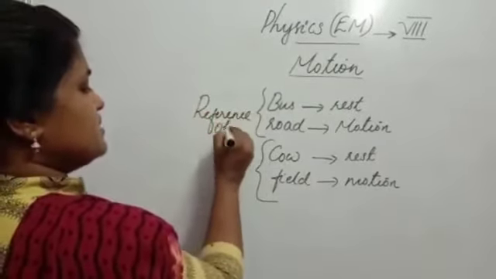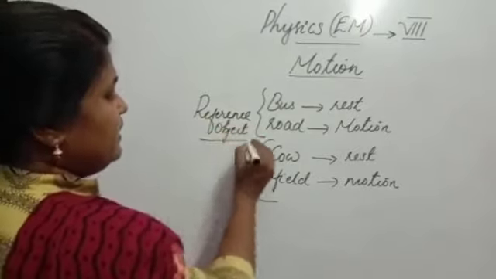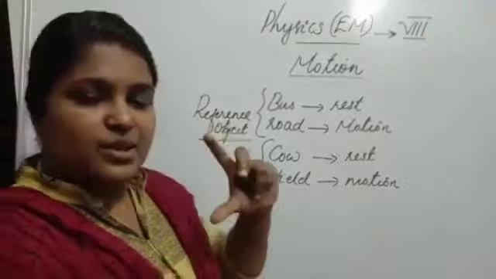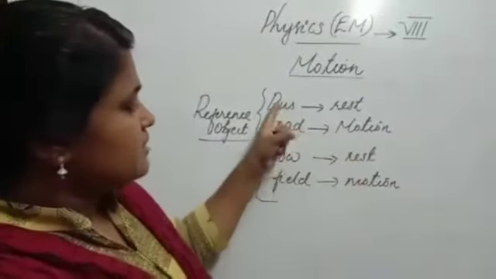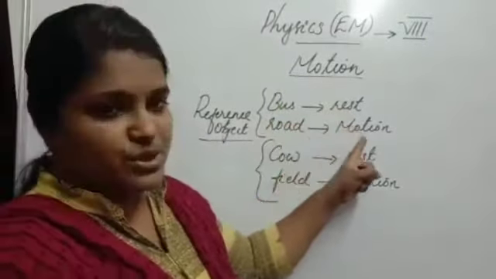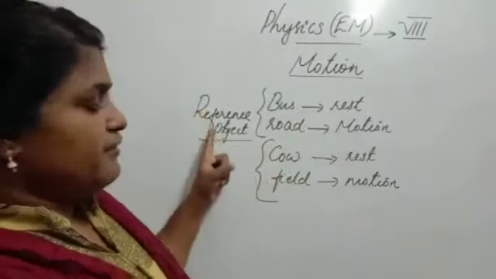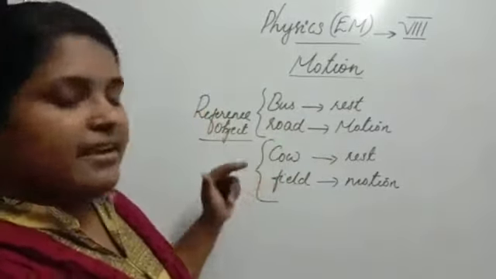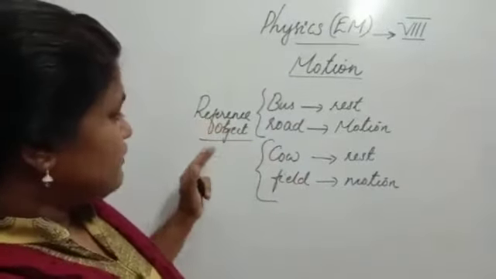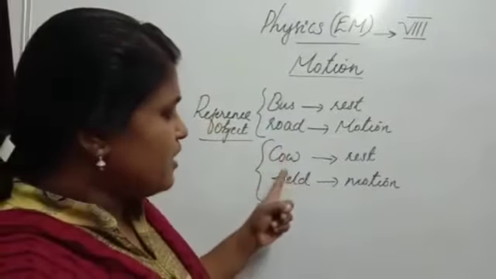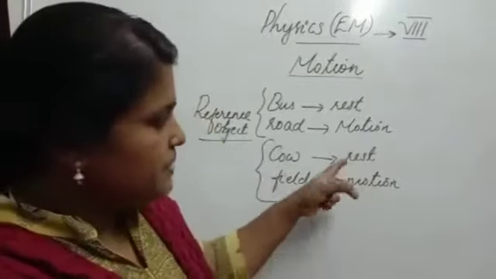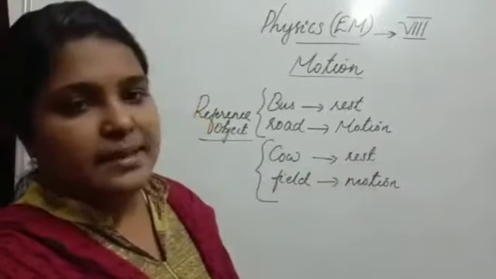What are reference objects? The objects that are used to describe the state of rest or motion are called reference objects. In the second example, cow and field are the reference objects because we used these two to describe the state of rest and motion.